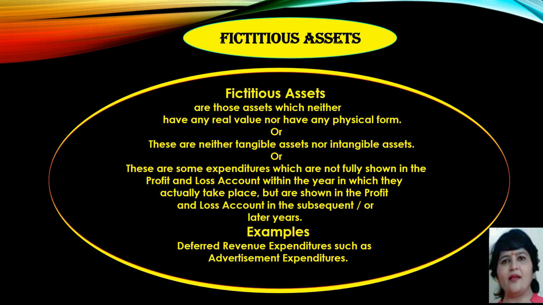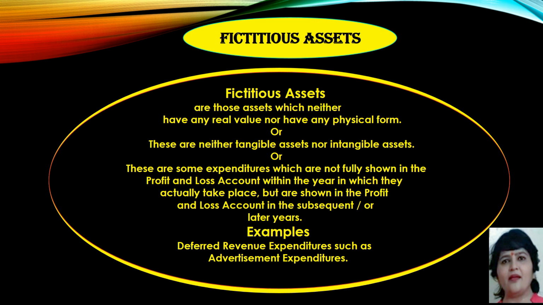Because this is such a big amount. If 10 crore will be shown in the profit and loss account, there will be no profit, there will be loss. Hence, to be on the safer side, the business organization shows in the profit and loss account only a very small amount of the advertisement expenditure in 1 year, and every year in the coming years, a little amount is shown in the profit and loss account.